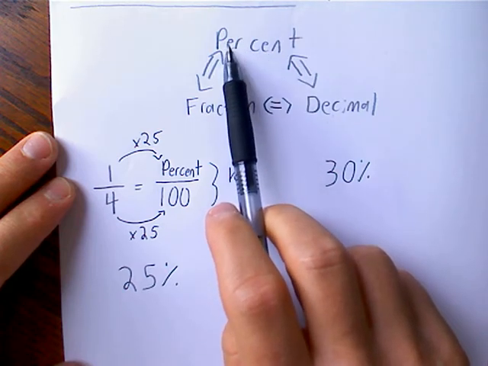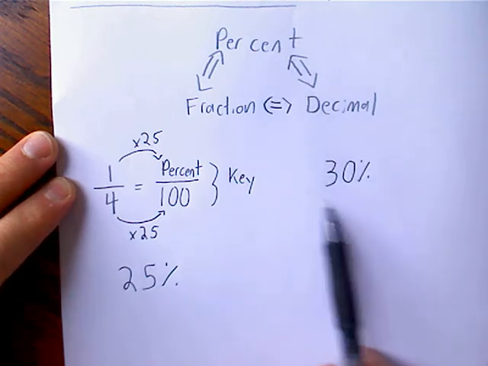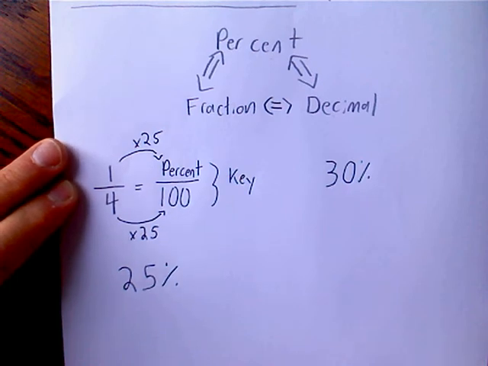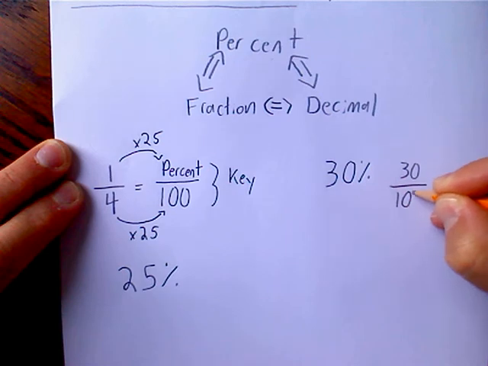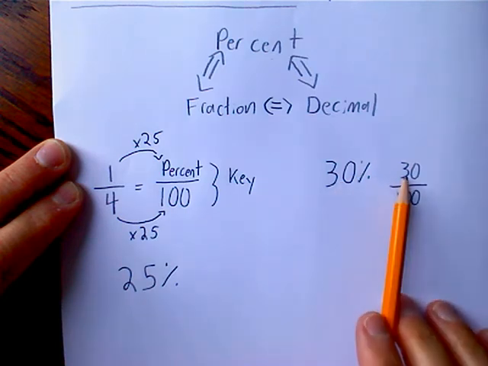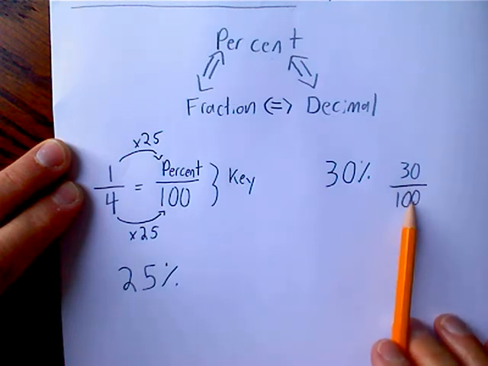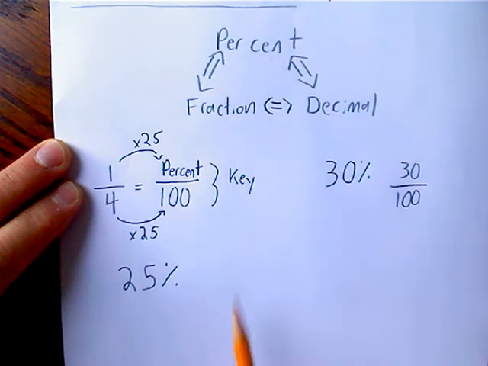It's per, that means out of 100. So all I need to do is turn it into fraction form. 30 over 100. There's my fraction right there. Again, I took 30%. I put the 30 in my numerator, and my denominator when I'm talking about percents is always, always, always 100, because that cent up here means 100.